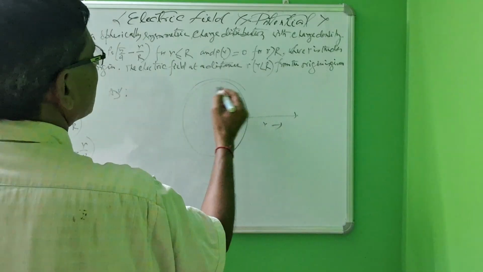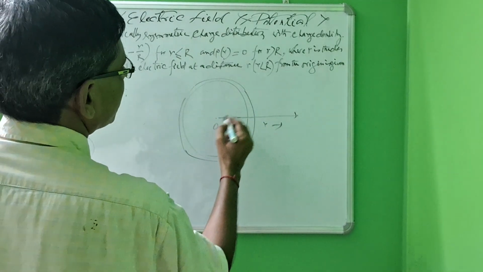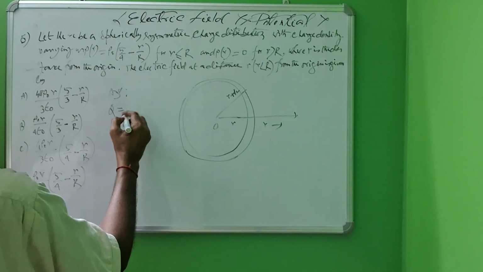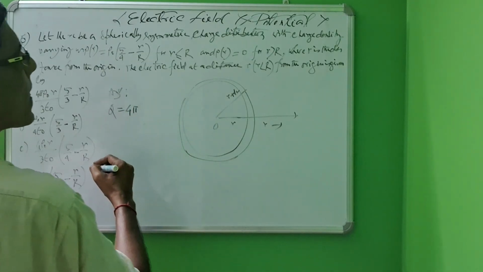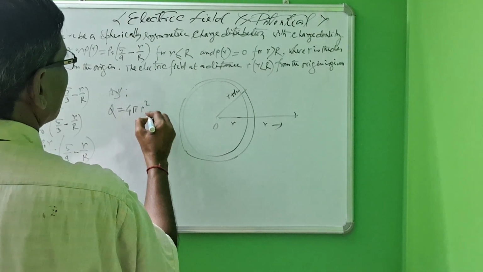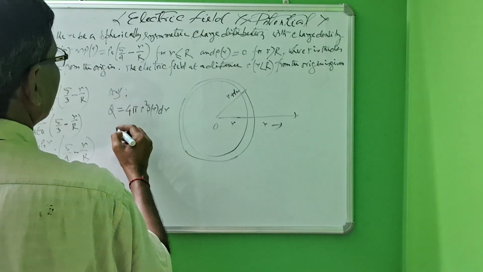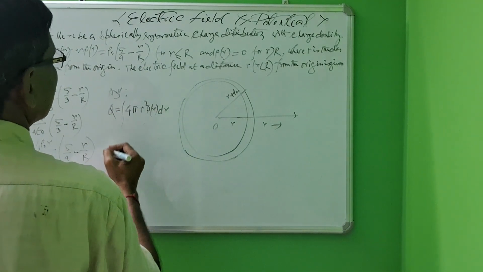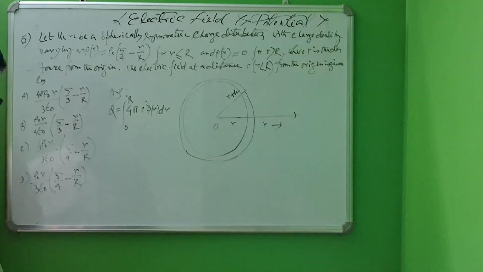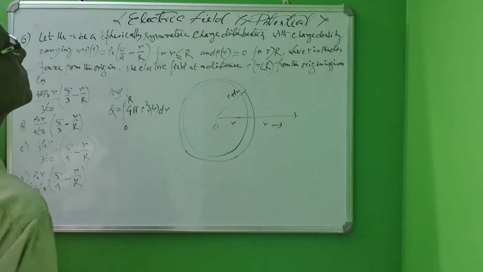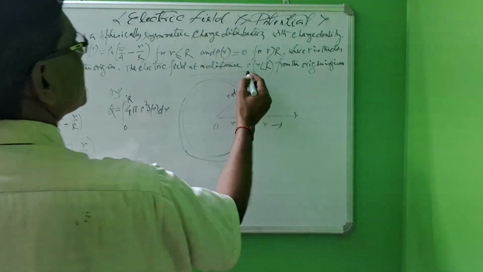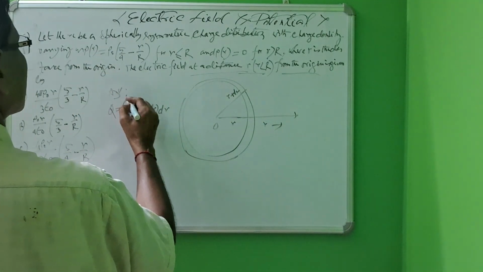So if a spherical shell is considered of radius r and radius r plus dr, then we get total Q equals integral of 4 pi r square rho r dr, r from 0 to capital R. Here is the electric field at a distance r from the origin. So here is a small r, not capital R.